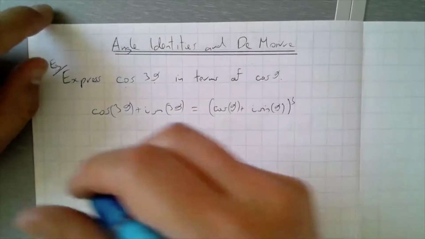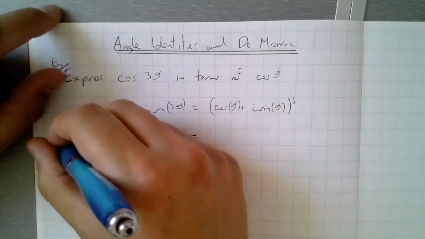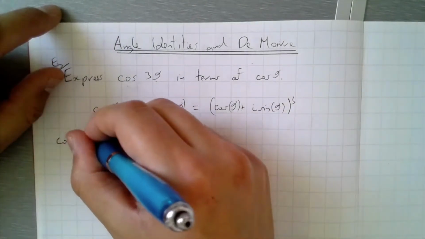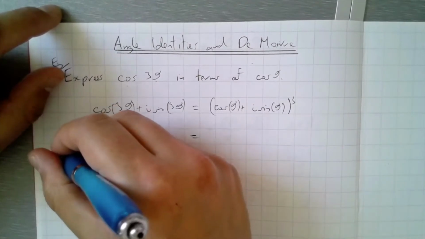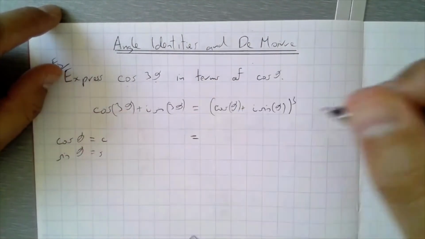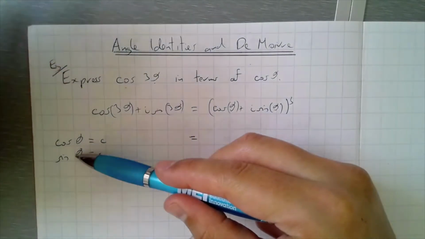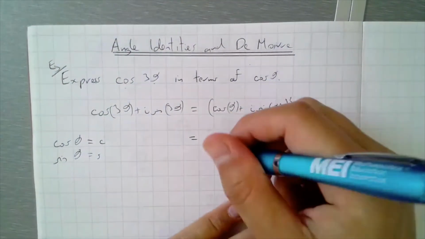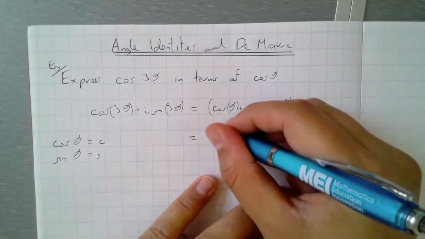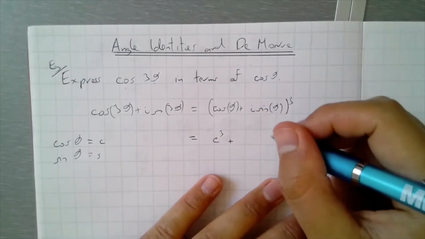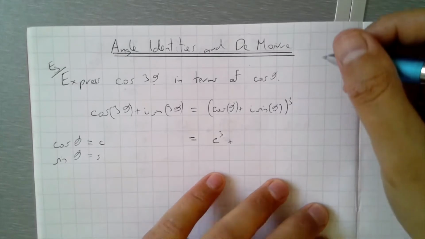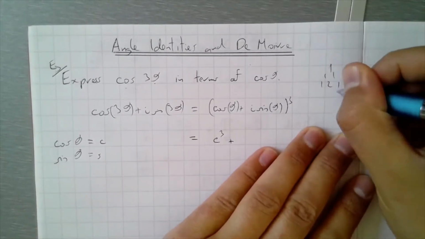A shorthand you can use here is cos theta equal to C and sine theta equal to S. And that's only for a theta, not for multiple thetas, just for one theta. So that's going to be cos cubed plus, we're cubed, aren't we? So let me just remember 1, 1, 1, 1, 2, 1, 1, 3, 3, 1.